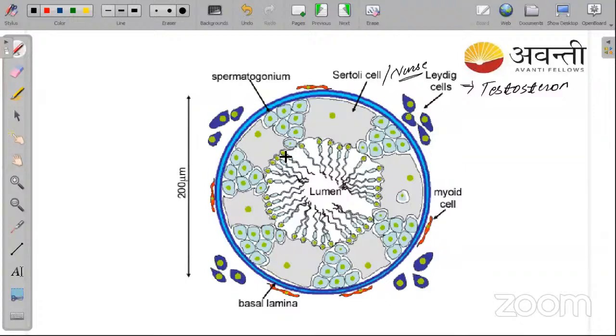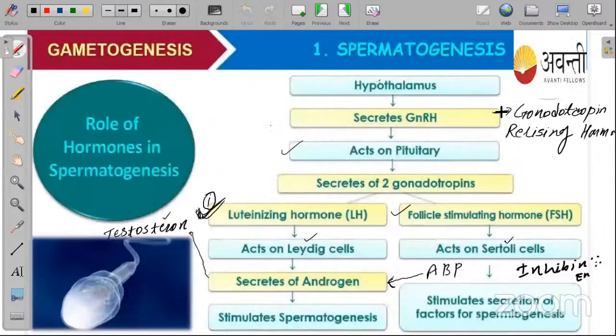And this Sertoli cell is responsible for the development of ABP, and this ABP acts on this testosterone and increases the production of testosterone. So this is the process, and this is the positive process.